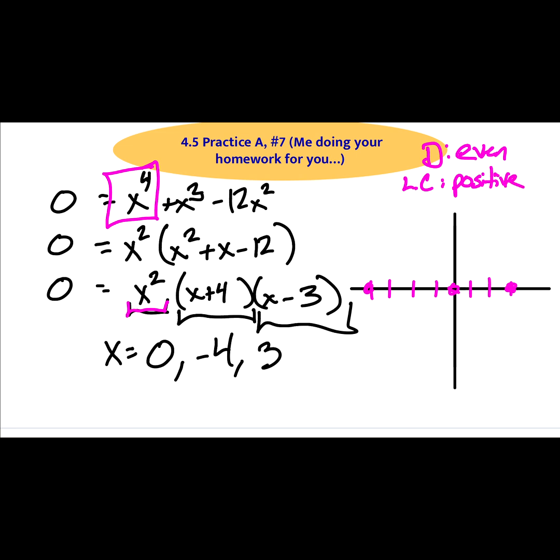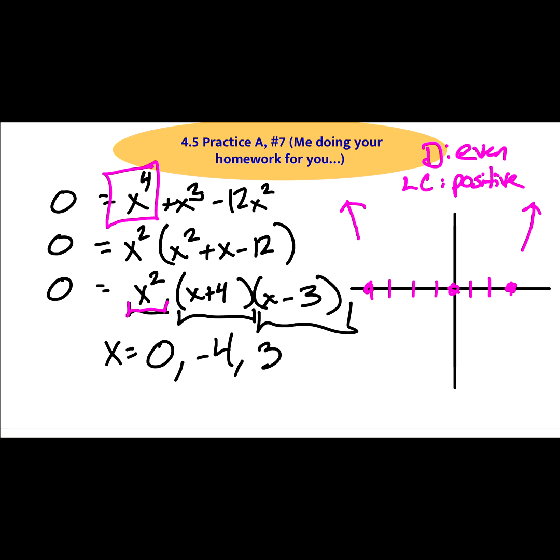So when we have a degree that is even and leading coefficient that is positive, we know that our end behavior will look something like this. That as x approaches infinity, y will be approaching positive infinity. As x goes to negative infinity, y will be approaching positive infinity. So we need to keep in mind our end behavior as we are graphing these.